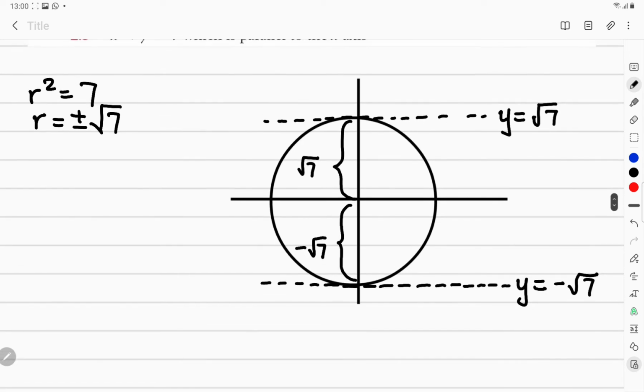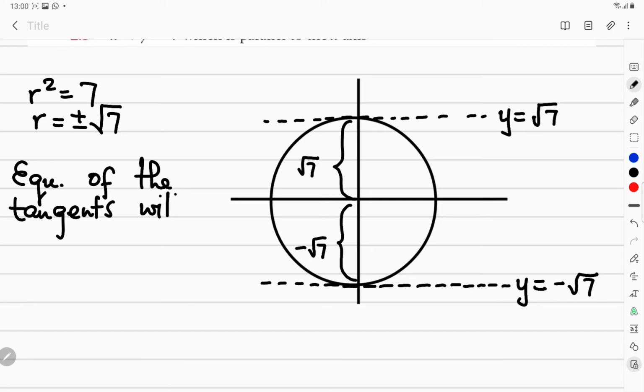So the equations of the tangents will be y equals square root 7 or y equals negative square root 7.